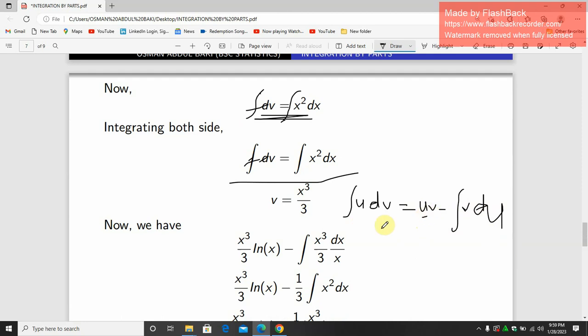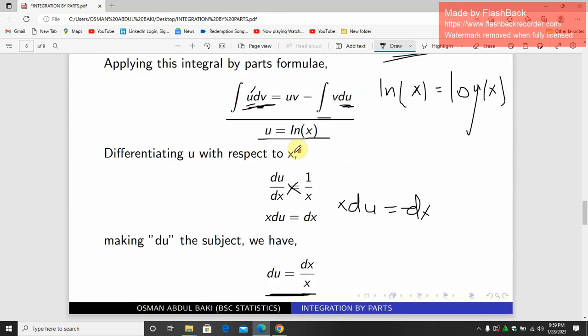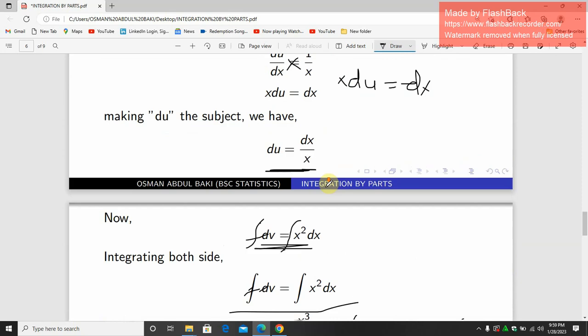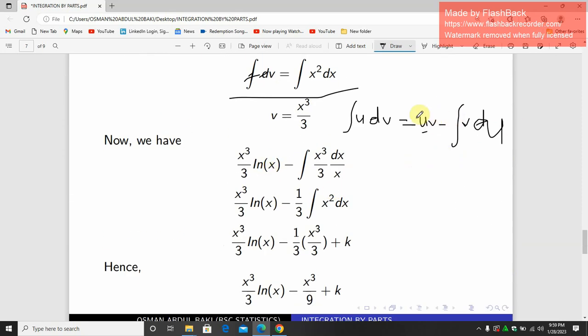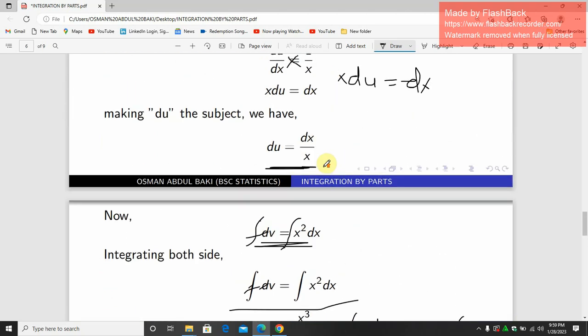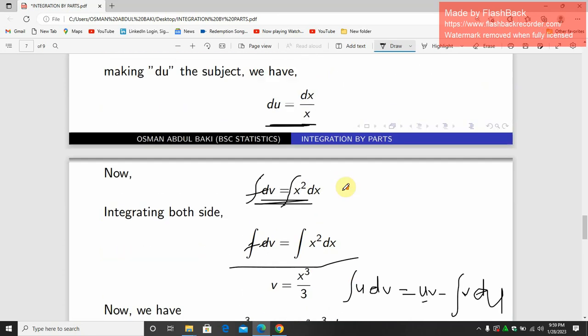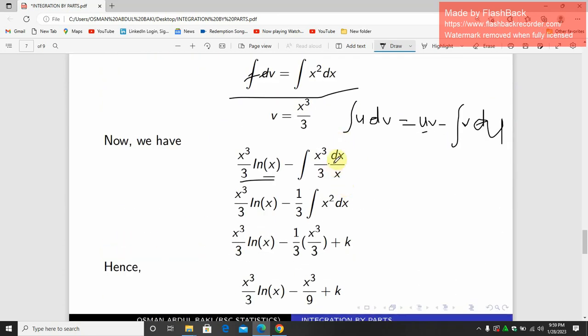Remember, u was equal to ln x, and v is equal to x cubed over 3. So x cubed over 3 times ln x, which is u times v, minus the integral of v, which is x cubed over 3, times du. Remember, du was dx over x.